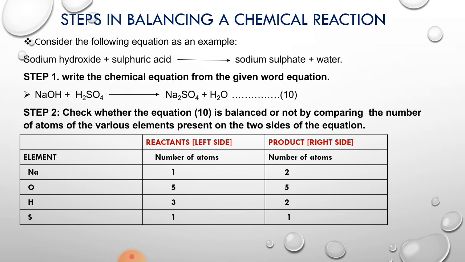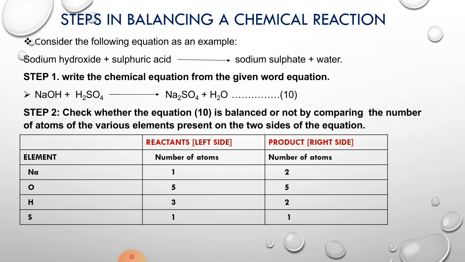Now move towards O. On the left hand side, the reactant side, O has 5 atoms. First in NaOH, O is 1, and then in H2SO4, O is 4. So 4 plus 1, 5. So on the reactant side, O is 5. And on the product side, O is 5. Yes, you can see Na2SO4, that means O4, and H2O, O1.